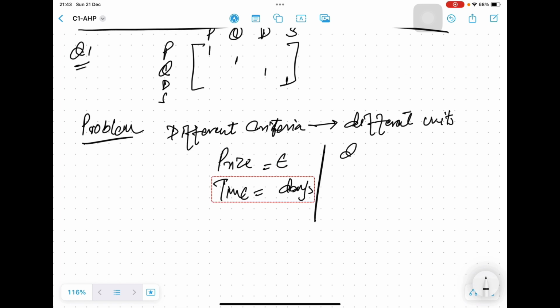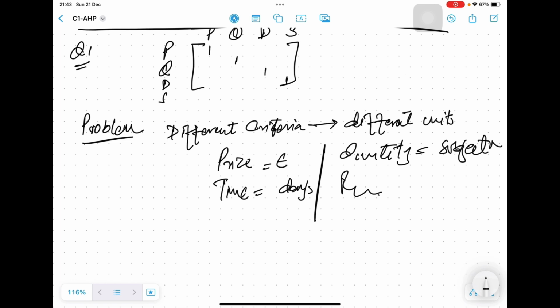Or you have quality, which is subjective, right? You have risk, which is uncertain. And AHP was basically developed to handle exactly this situation.